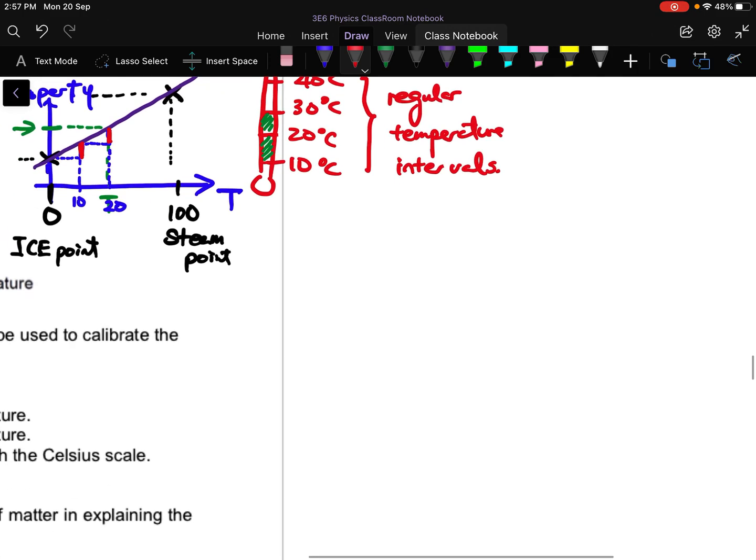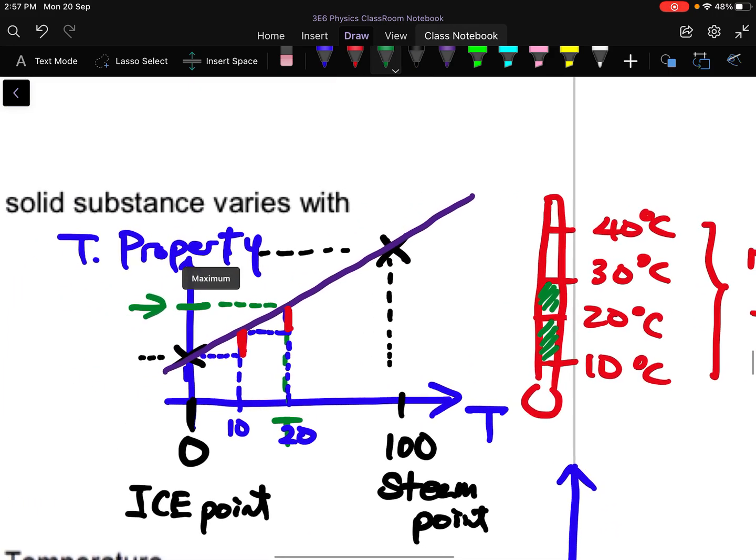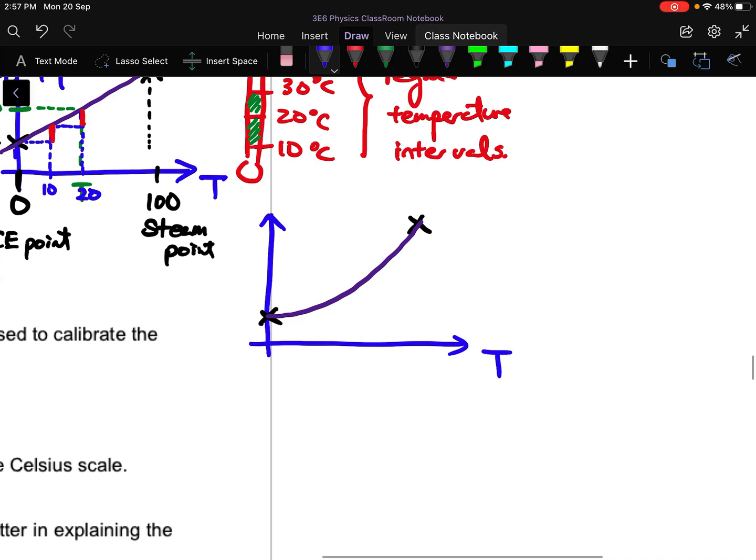Now let me give you an example of what happens if it is not the same. If now my ice point is here and my steam point is here, but instead of a linear relationship, which means a straight line, I have a curve. This is my temperature, and this is my observable change, my thermal property.